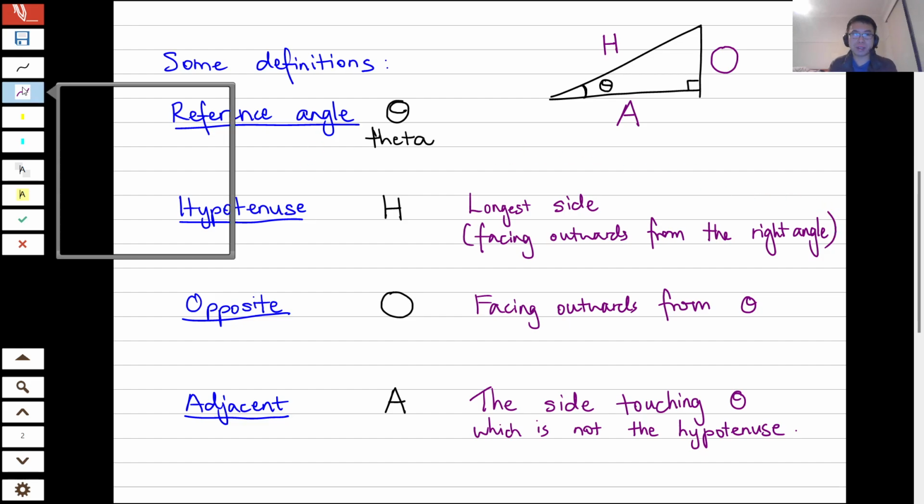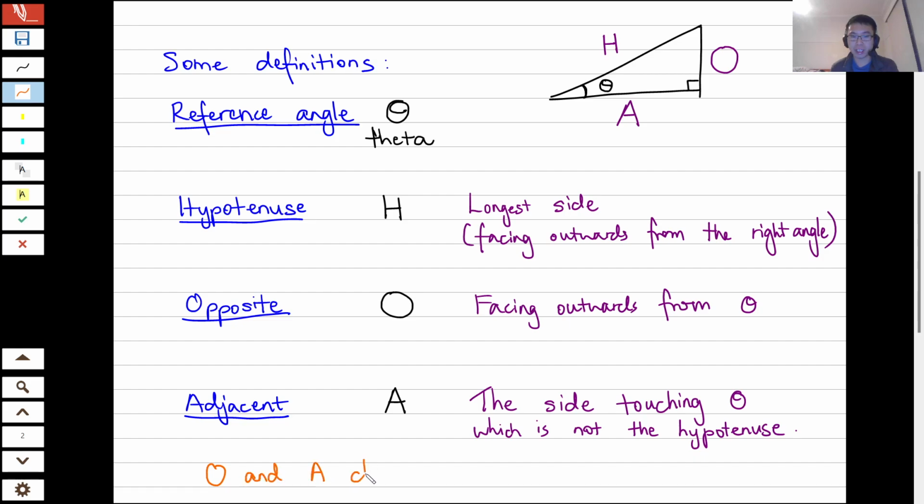The last thing I want to say is that O and A change depending on where theta is.